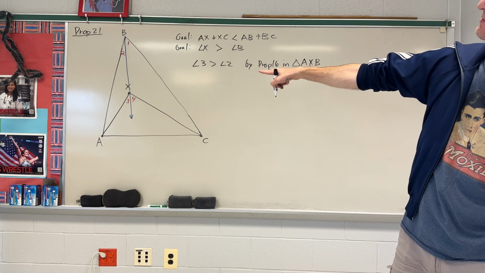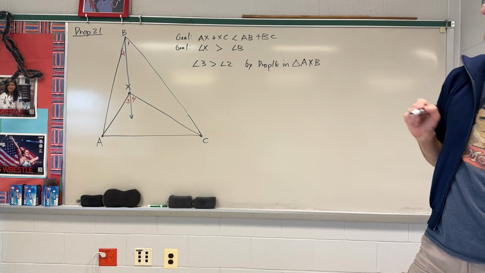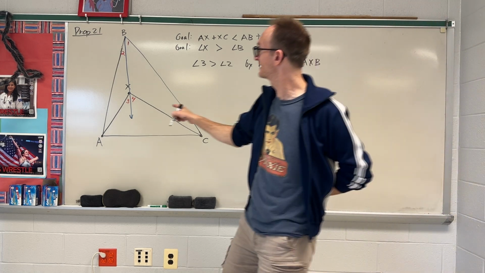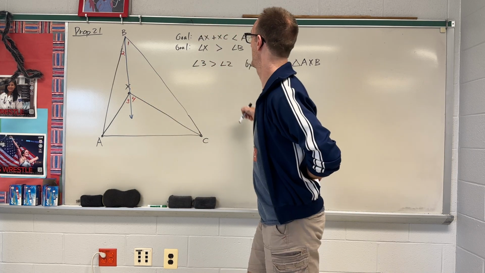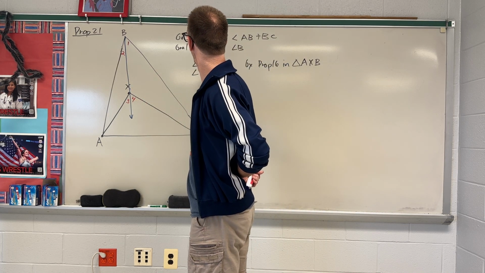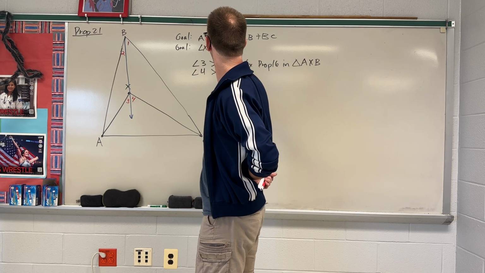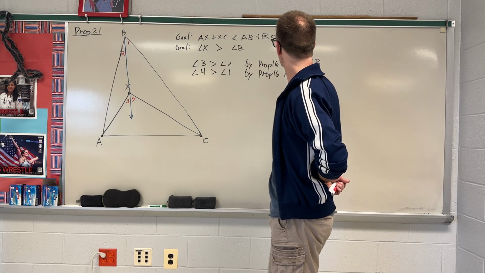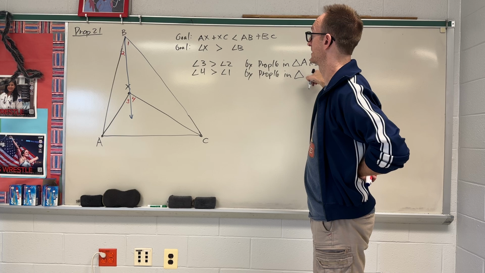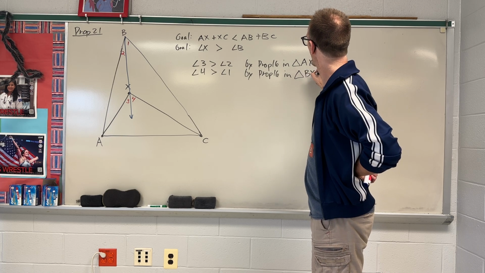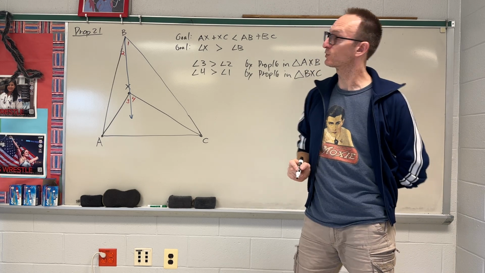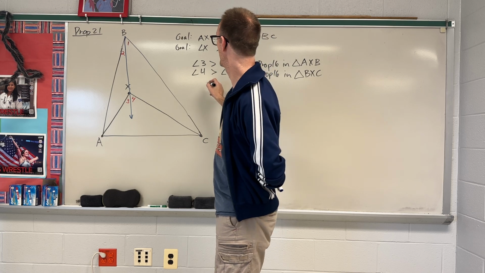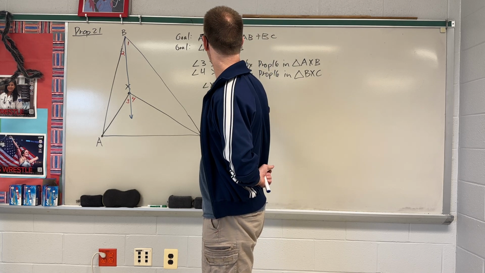Angle 3 is an exterior angle of triangle AXB, so it's greater than the remote interior angle, angle 2. And then also, angle 4 is greater than angle 1 by the exterior angle theorem again, Prop 16 in triangle BXC. Okay, so that gives me that 3 plus 4 is bigger than 1 plus 2, so I get that angle X is greater than angle B.